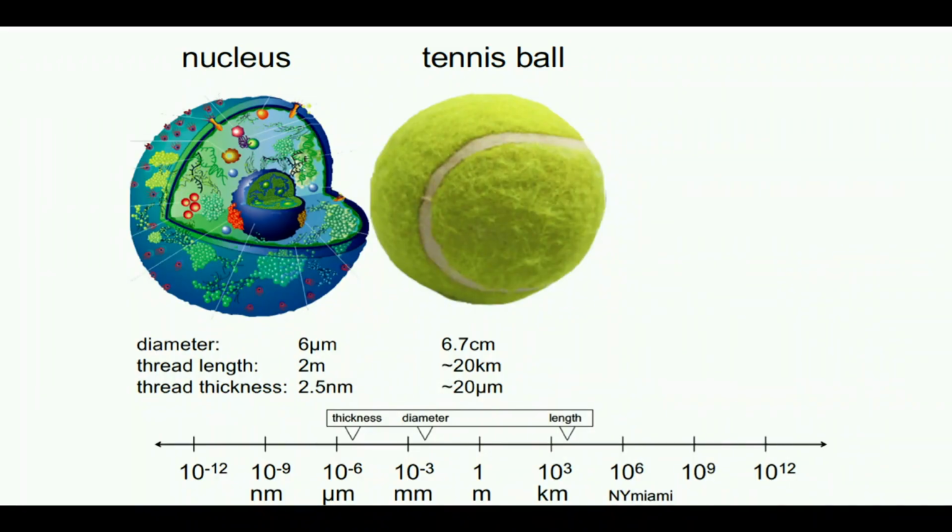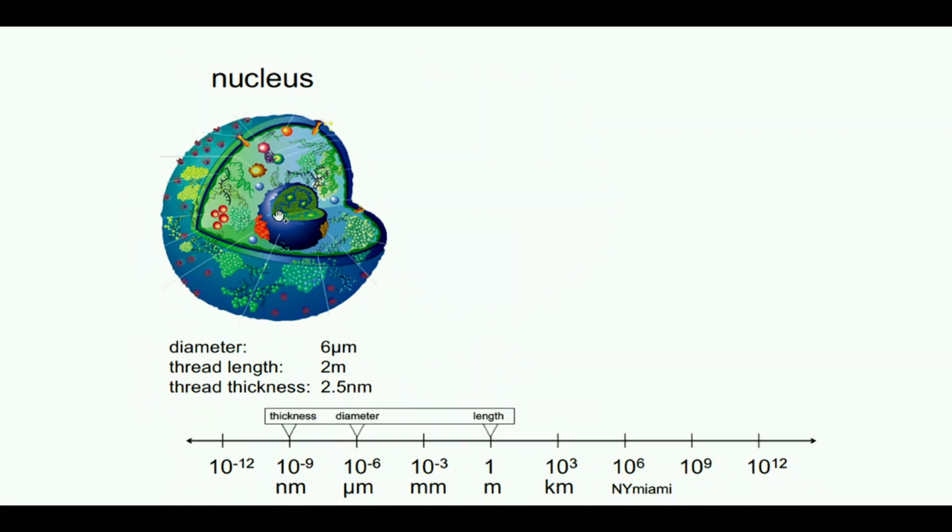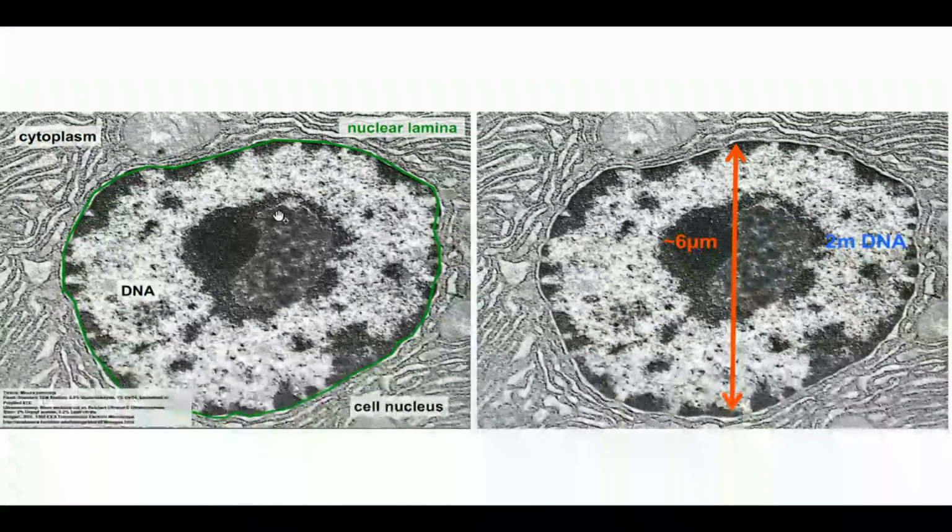I think this is just interesting, a demonstration of how small our nucleus is compared to ourselves. You can see the ratio here is like 6. If you compare a tennis ball to the nucleus, then, sorry, the nucleus is the outer side of these pictures, and the centering part is just the DNA.